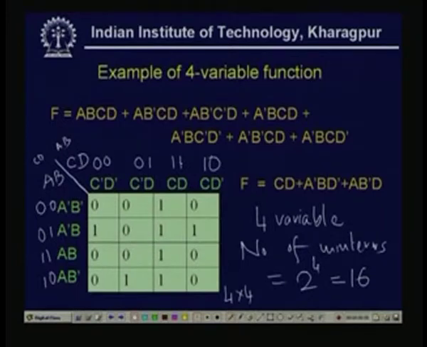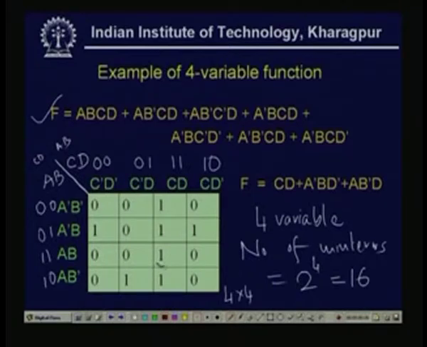Now, for all the min terms, because there are 7 min terms in the function f, we put 1. One by one we see how we are giving them. For a b c d, this is the third row and third column, so this is my term.